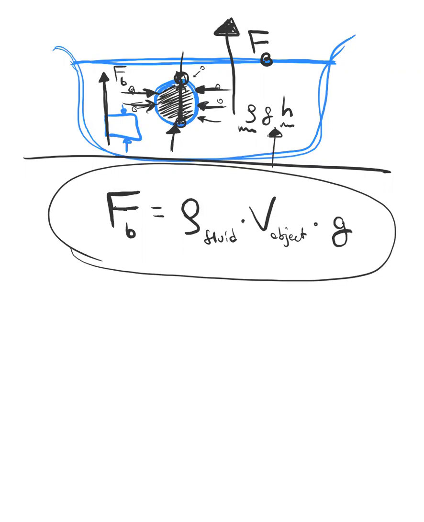The pressure difference depends on rho, depends on G, depends on H. This is our key formula. I will circle it in red because I will be using it later.